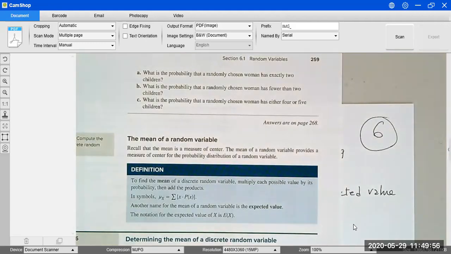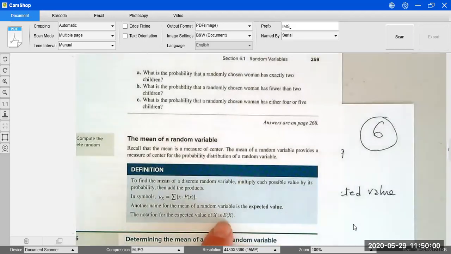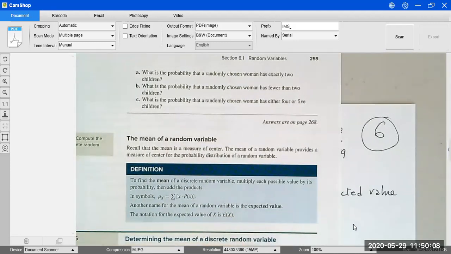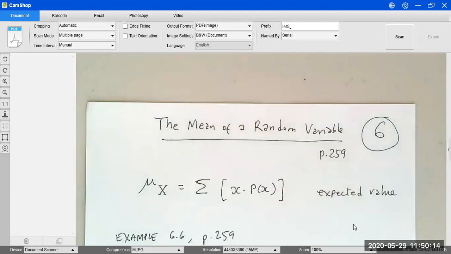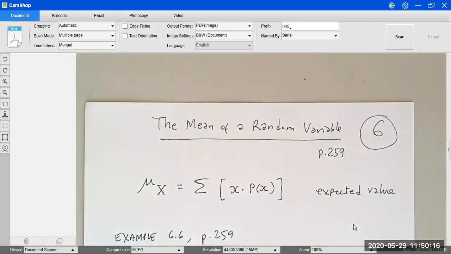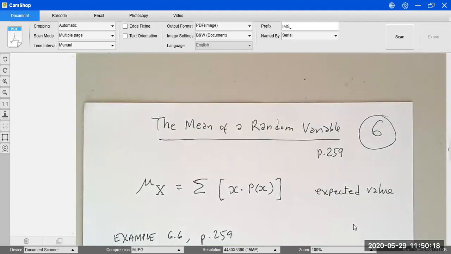When you use the expected value terminology, you use a capital E, parenthesis X, to indicate the expected value of X. So when you read expected value, they are talking about the mean, so they are equivalent. So we have then the formula. We can use R to do our computation, and we can do it by hand.